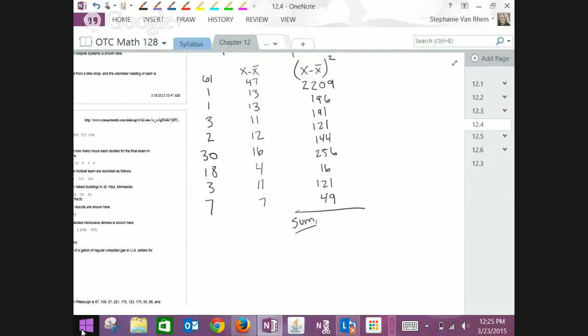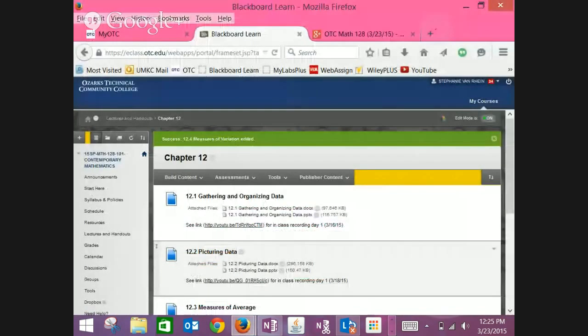So while you guys are working on the sum, I'm going to pull up a scientific calculator.